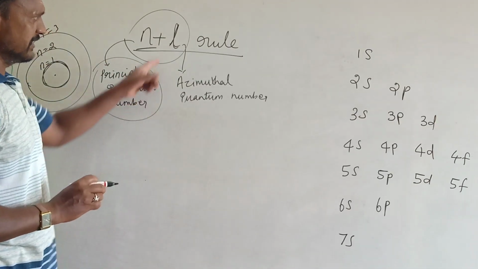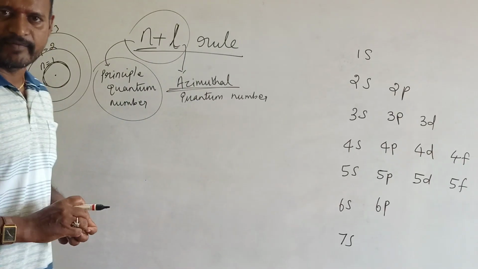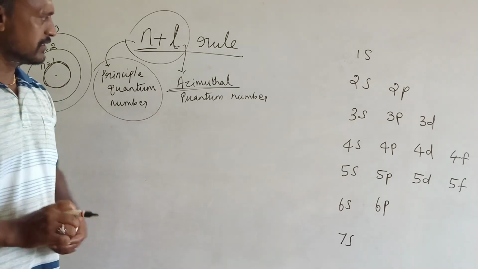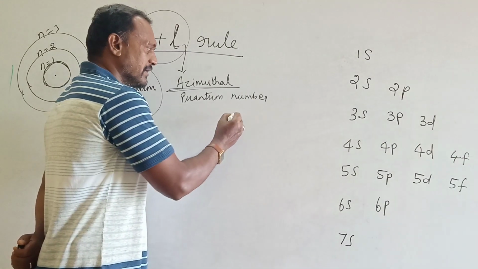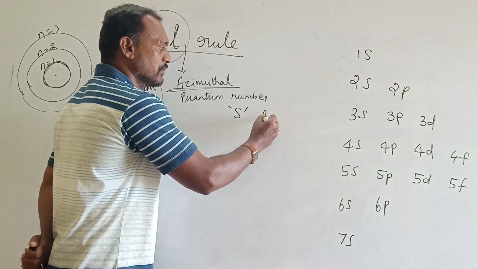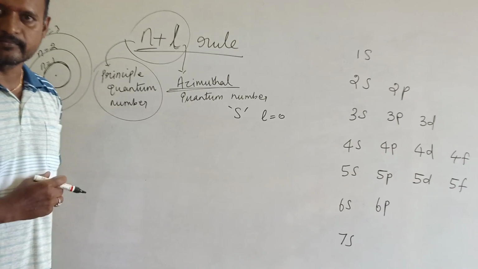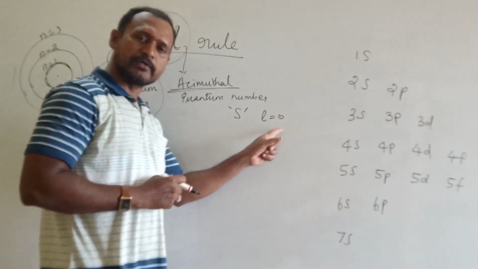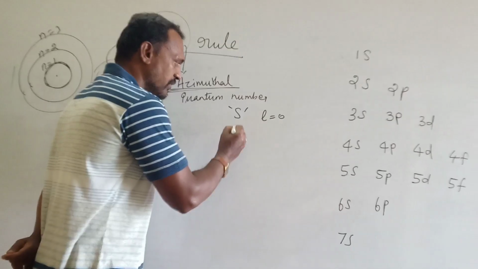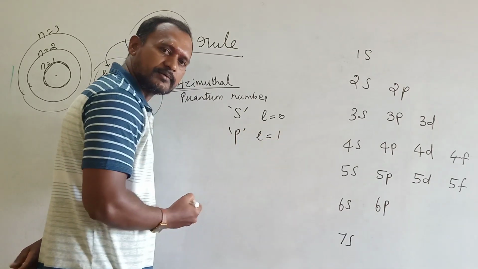And then l is the azimuthal quantum number. Azimuthal quantum number, we will explain it later in quantum numbers. Then for s subshell, l value is equal to 0. So we should mind this. For s subshell, l value is equal to 0. Then for p, l is equal to 1.